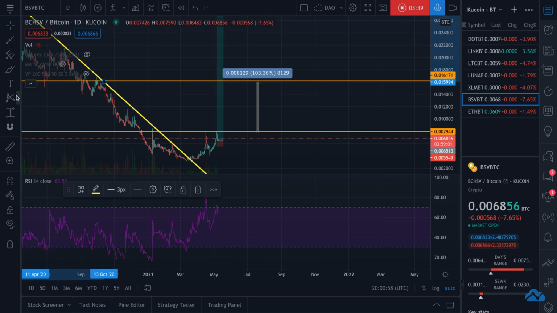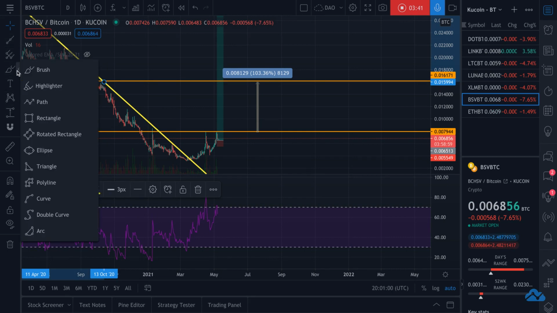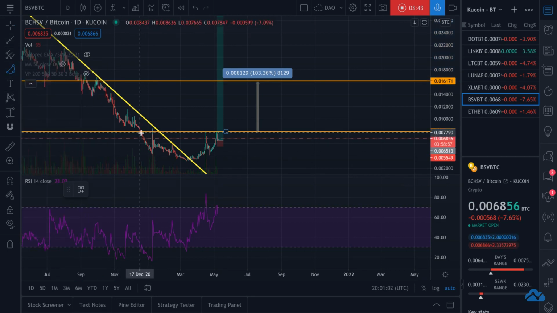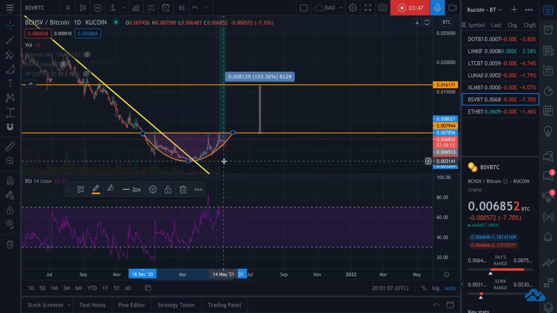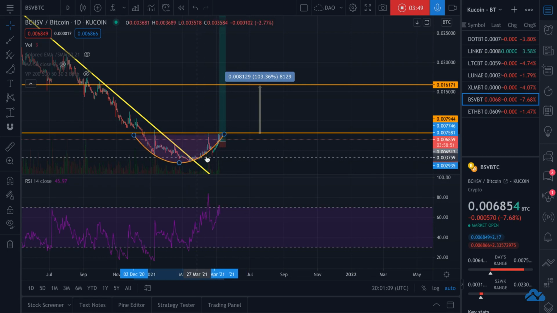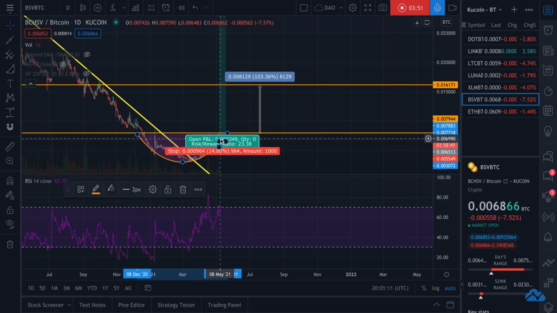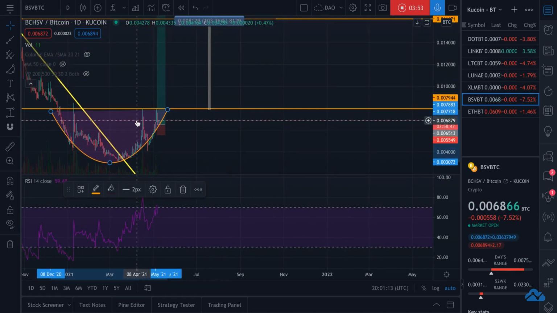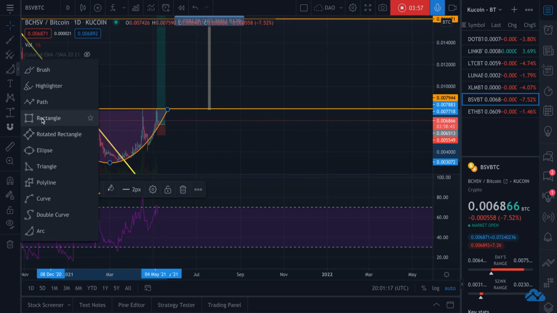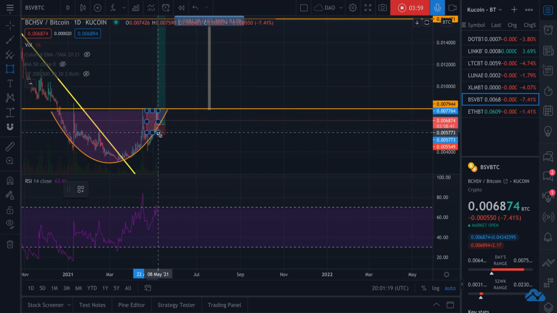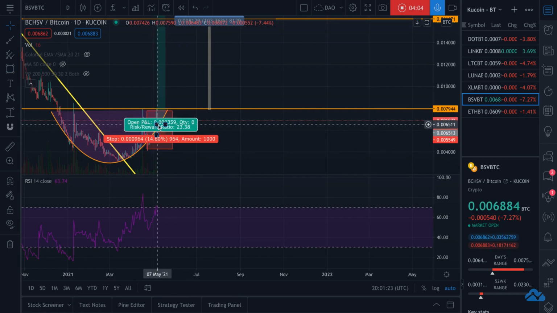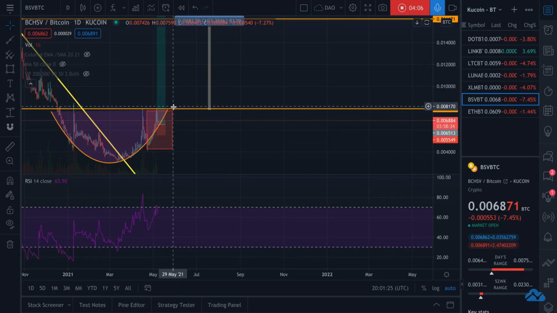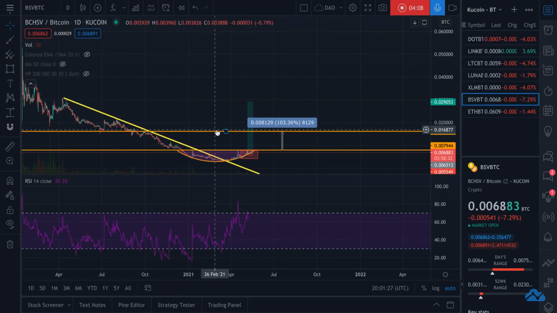So we have this cup that goes along here. And then what we could probably even classify this little dip back as is the handle. The handle here. And so if we can see this thing break through this resistance, I think it has a lot of room to run.